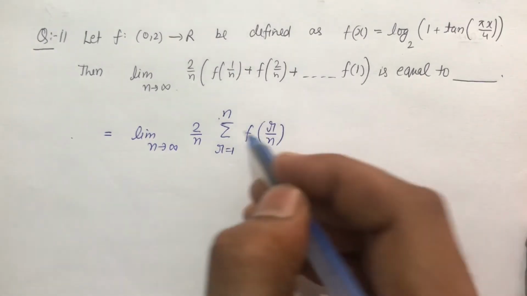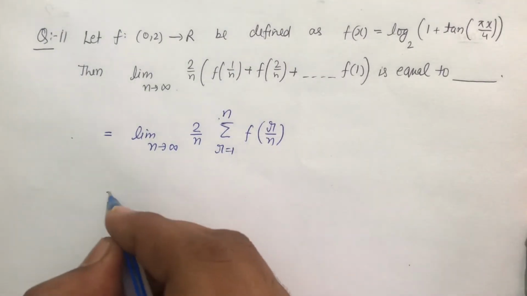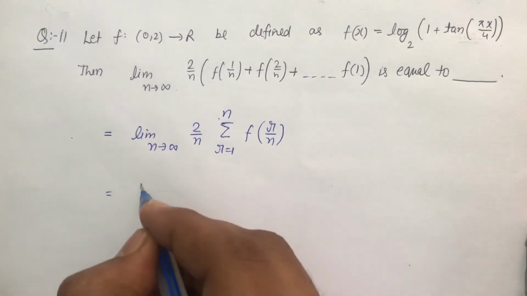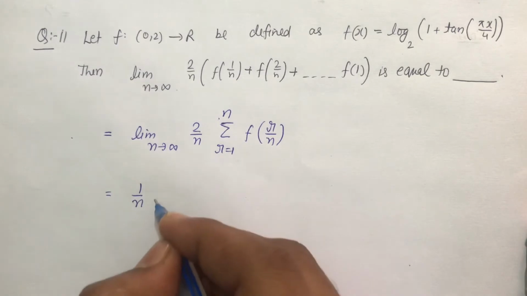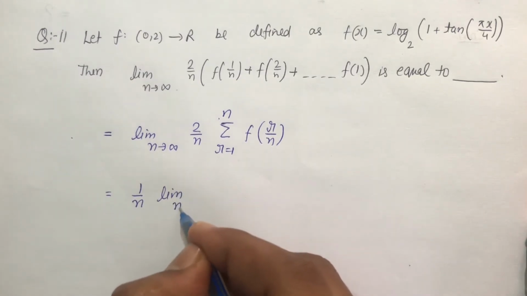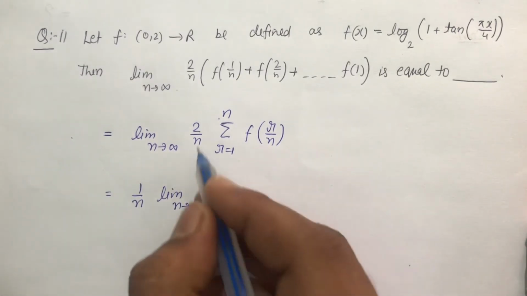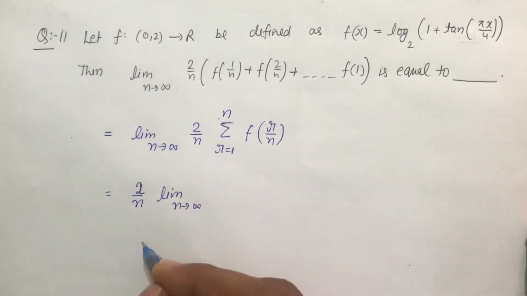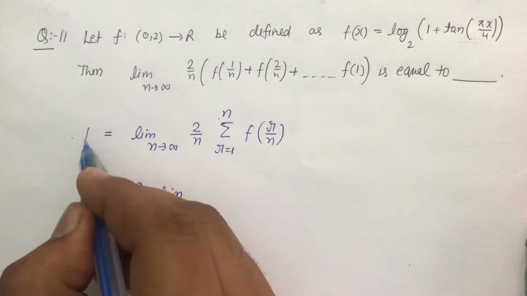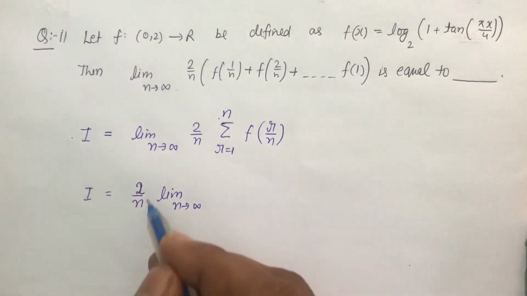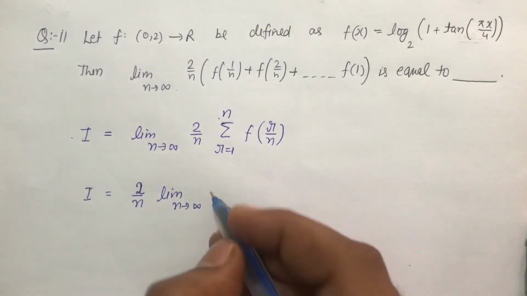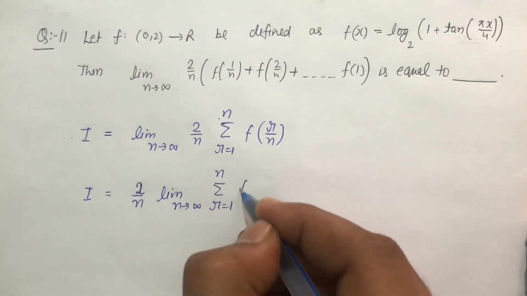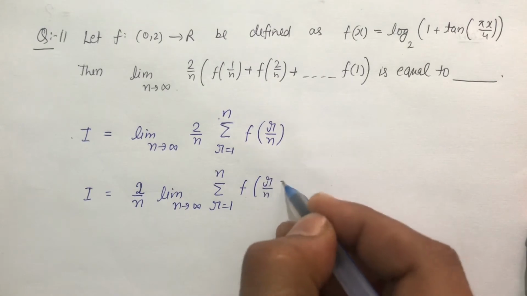I can replace this. Now what is the procedure? What you do, you just take 1 by n outside. Okay, so limit n tends to infinity. This 2 is also constant, so I can take this also out. Okay, let's say this limit is I. So 2 by n, limit n tends to infinity, sigma r equals 1 to n f of r by n.